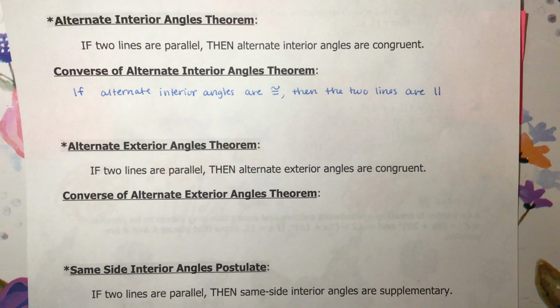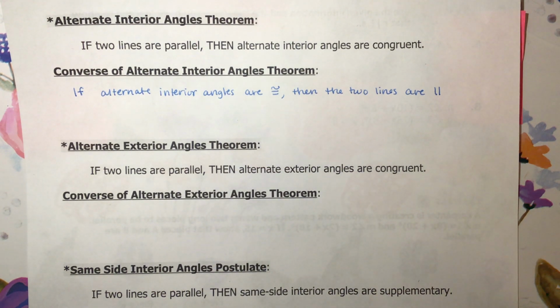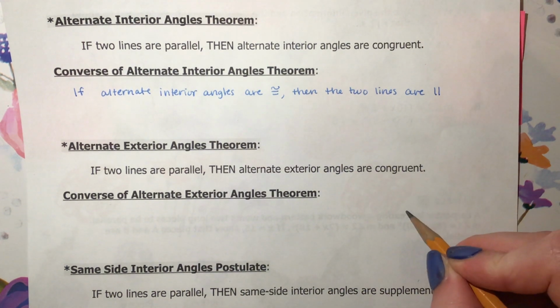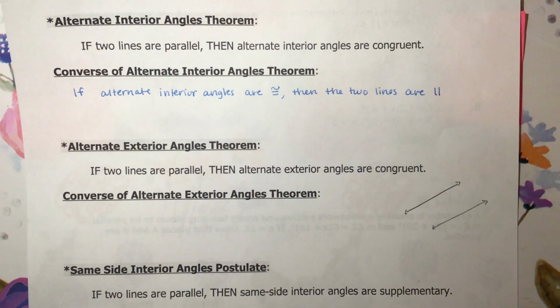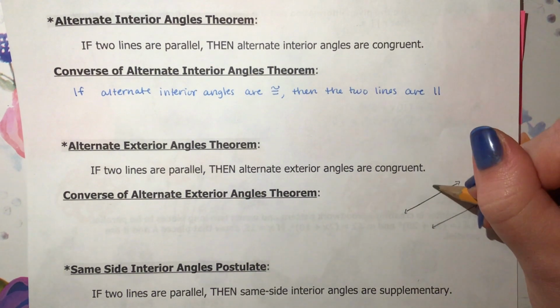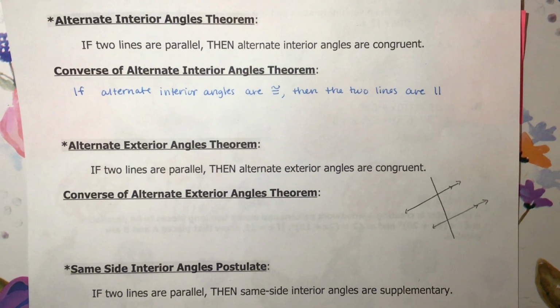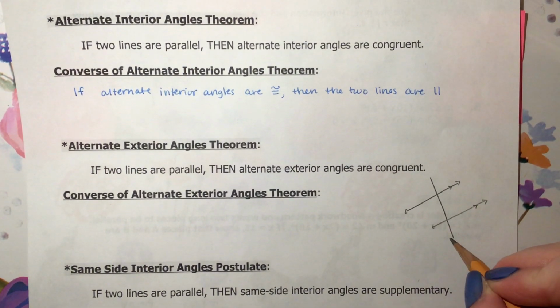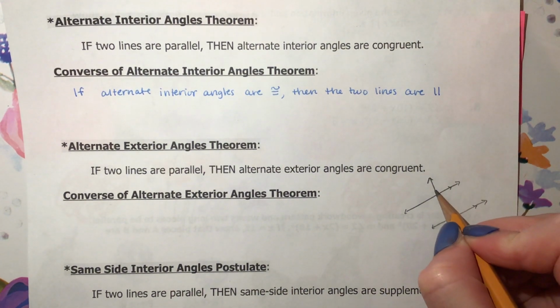That is the alternate exterior angles theorem. It says if two lines are parallel, then alternate exterior angles are congruent. I'm going to draw a picture of that just so you can see it. Let's say that we have two parallel lines right here, and then they're cut by some transversal. Sorry, I bumped my camera. Like this. Alternate exterior angles.